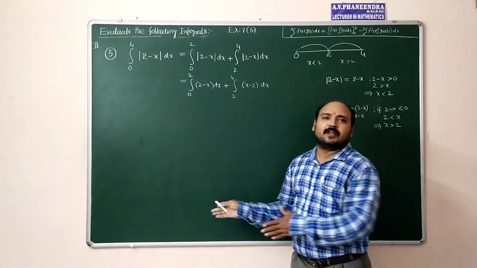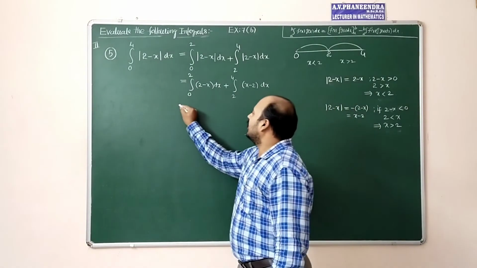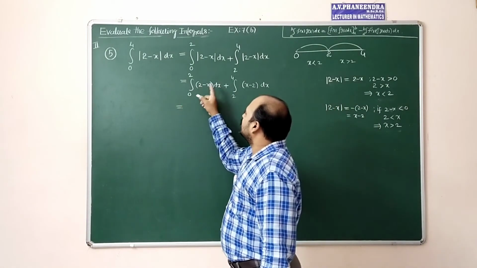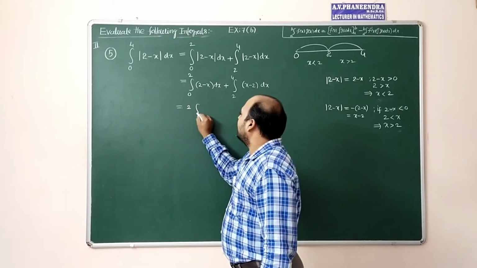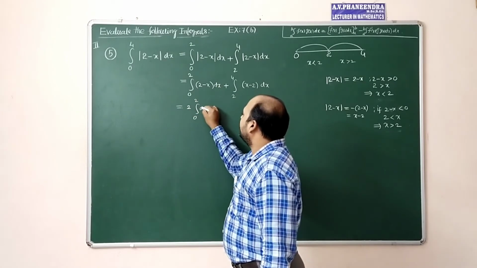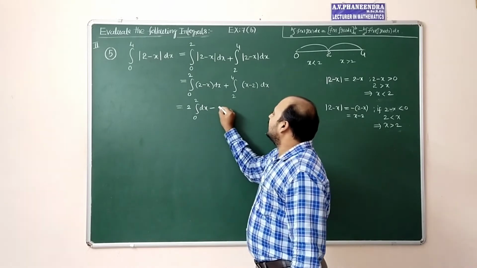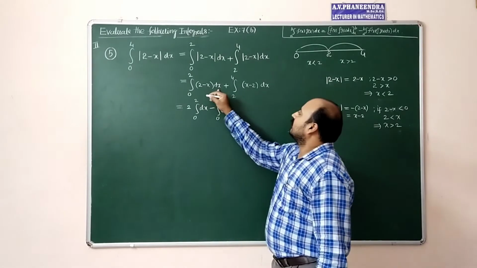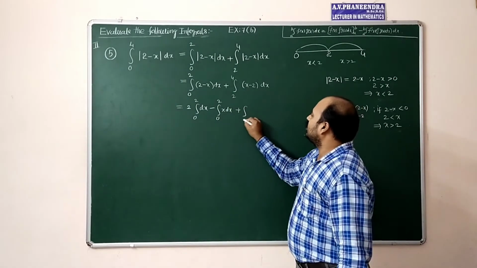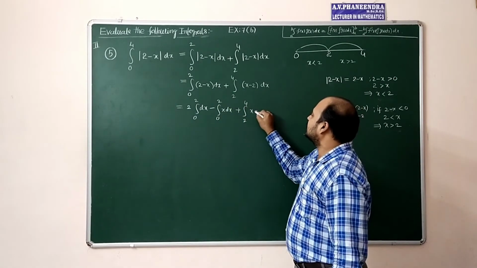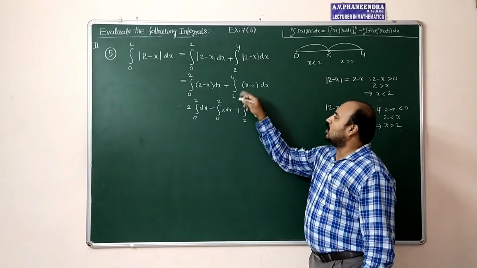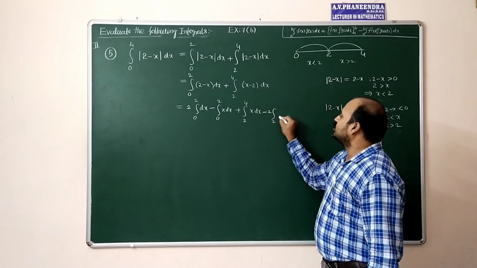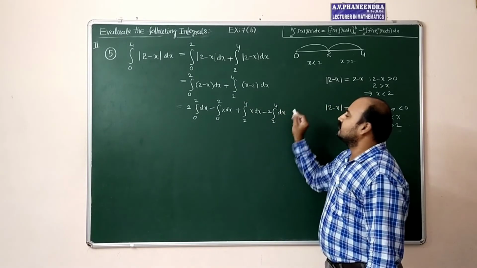Now do the actual integration. The constant 2 we can take outside: integral 0 to 2 dx minus integral 0 to 2 x dx, plus integral 2 to 4 x dx minus 2, the constant, taken outside, integral 2 to 4 dx.